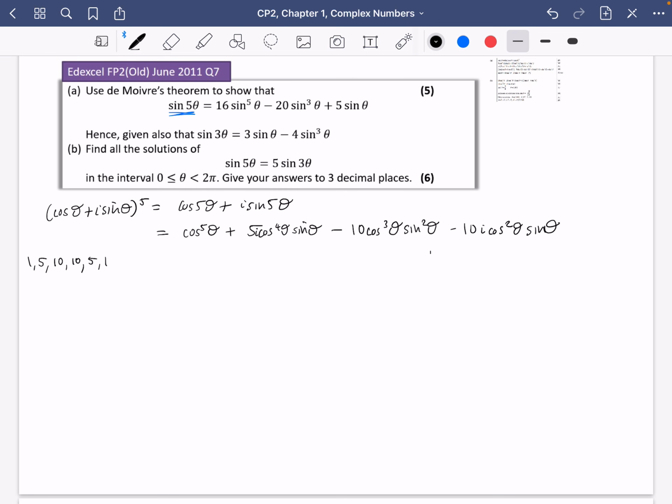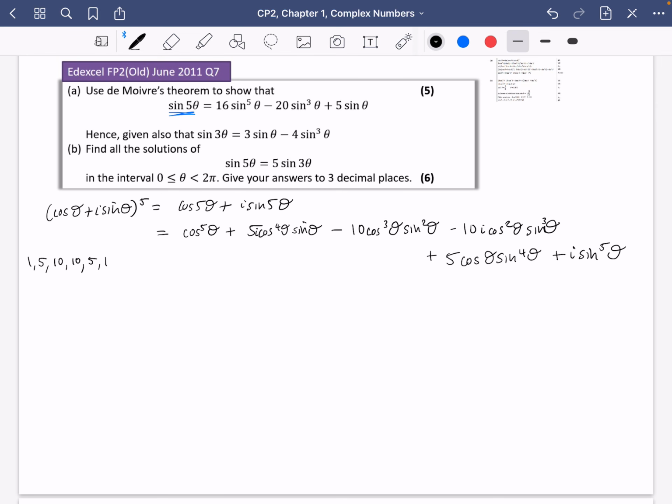It is then going to be a plus, because you've got i to the power of 4, so it's going to be plus 5 cos theta sine to the power of 4 theta. And then our last one is going to be plus i sine to the power of 5 theta, because i to the power of 5 is just i.